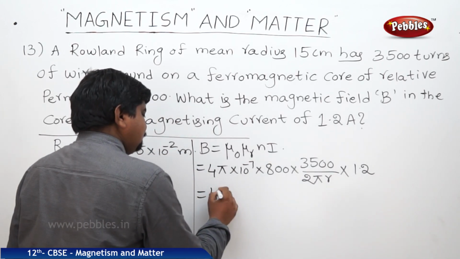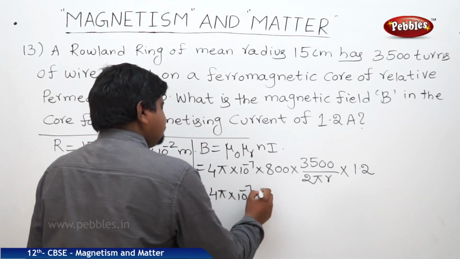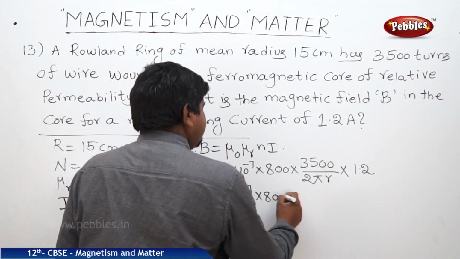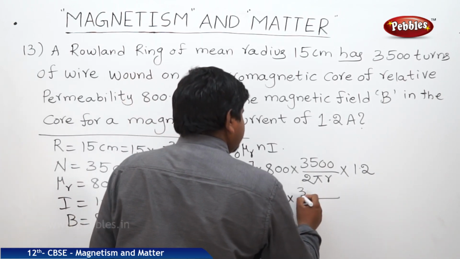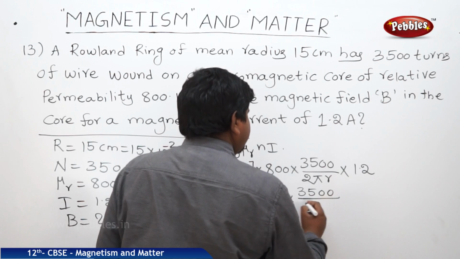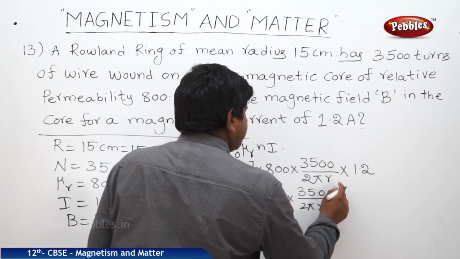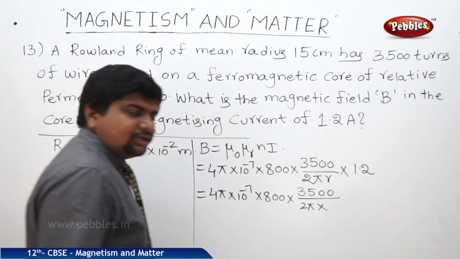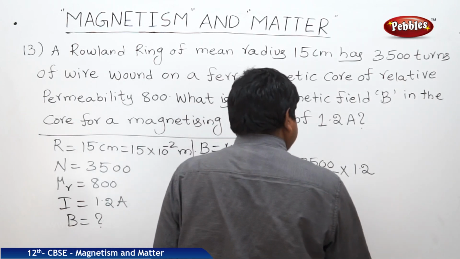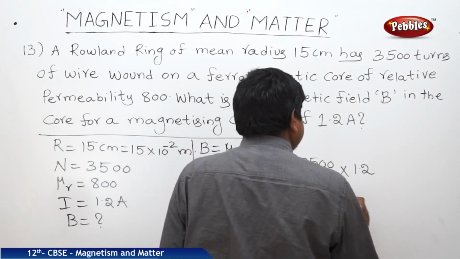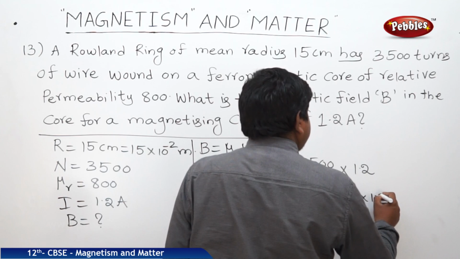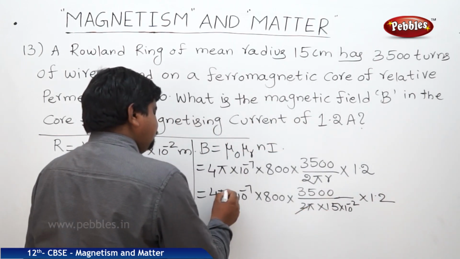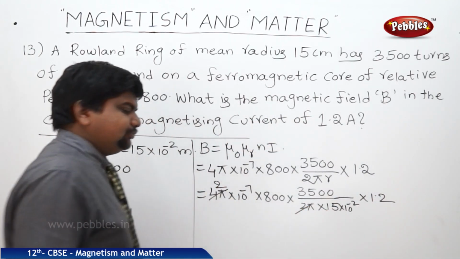So 4 pi into 10 to the power of minus 7 into 800 into 3500 by 2 pi into radius R, which is 15 into 10 to the power of minus 2 meters, into 1.2. 2 pi, 4 pi, cancel out, leaving 2.